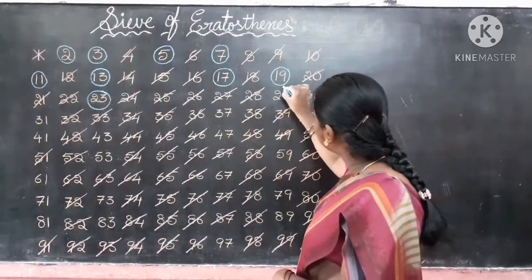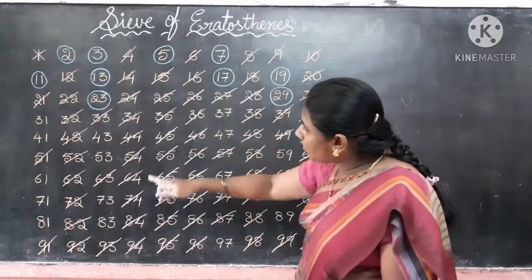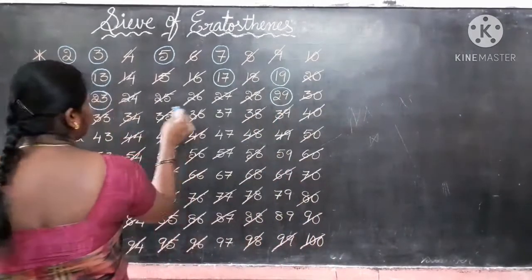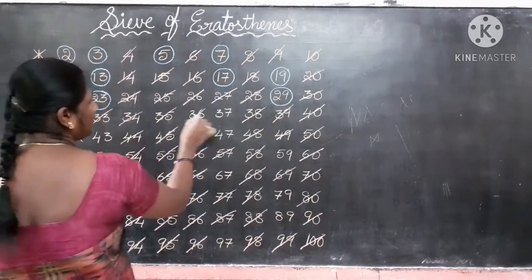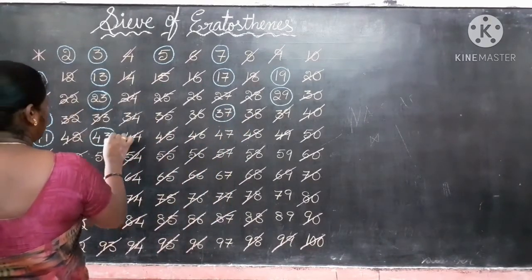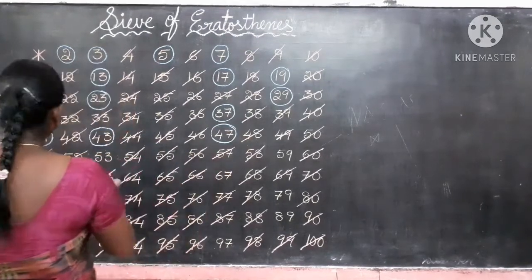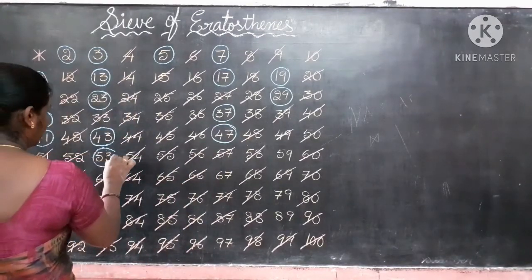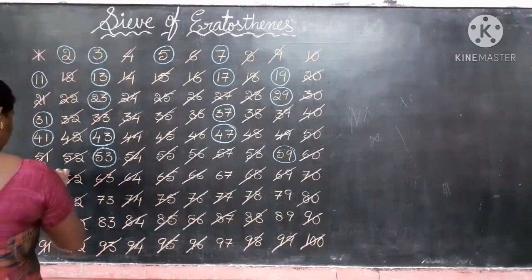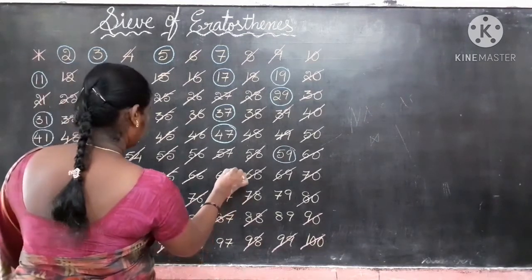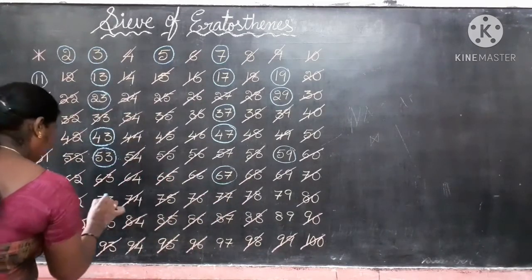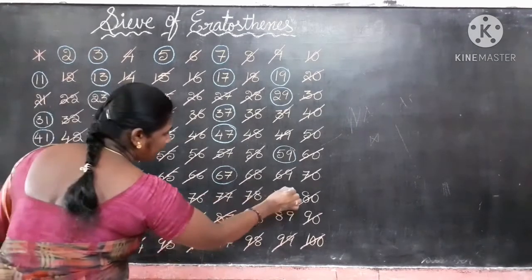Next one is 29. Are there any 29 table numbers? No. So all the remaining numbers we have to circle. 31, 37, 41, 43, 47, 53, 59, 61, 67, 71, 73, 79.